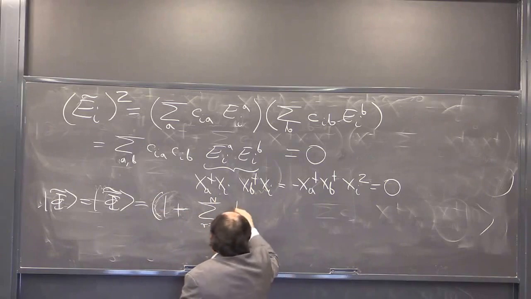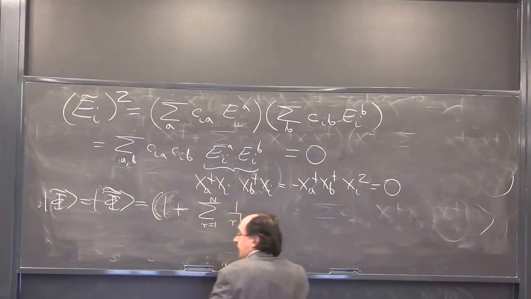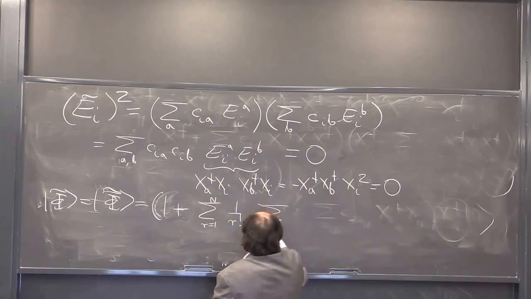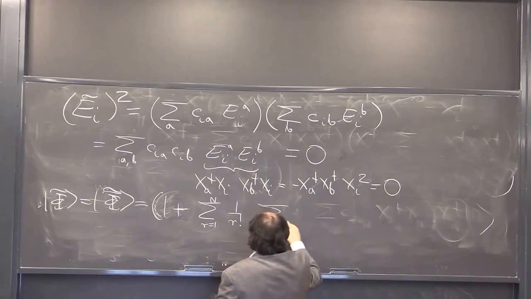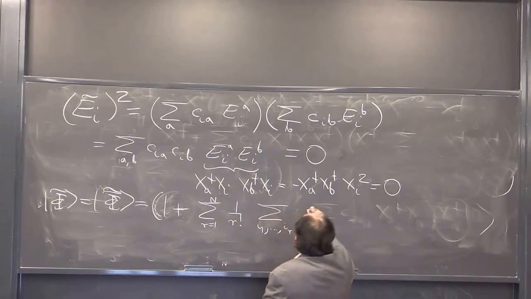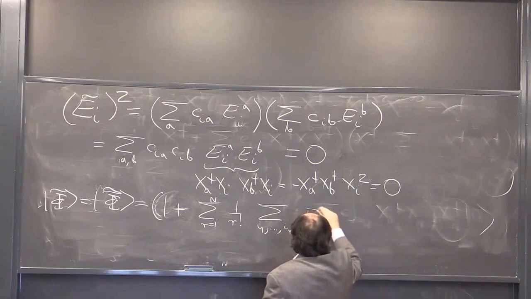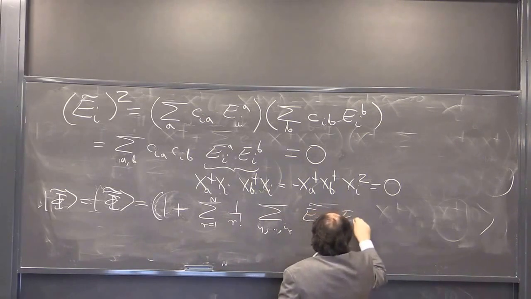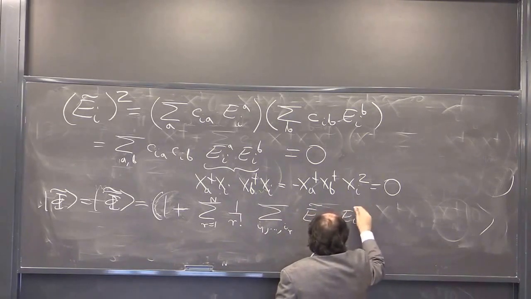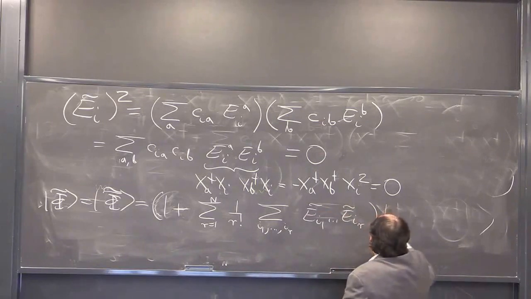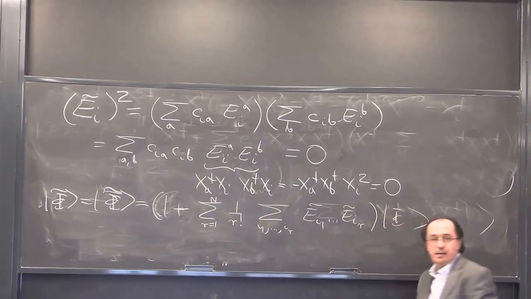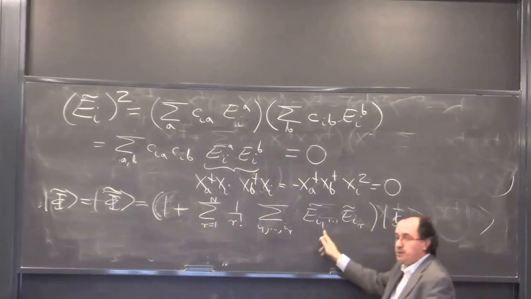Then we have 1 over r factorial. And then we have a summation over I_1 through I_R, E_I1 tilde multiplying up to E_IR tilde, acting on the phi. Okay? Can you tell me what this is?